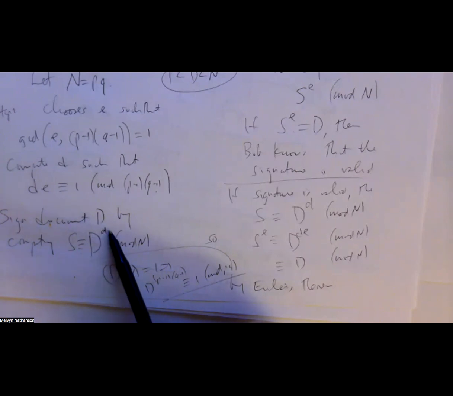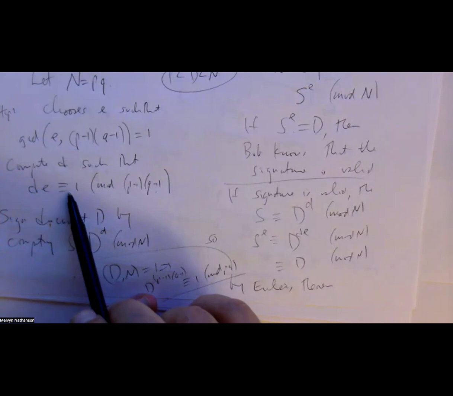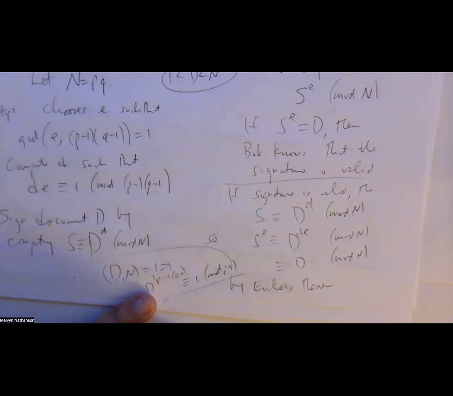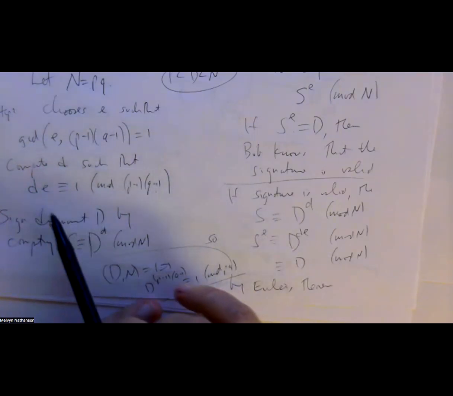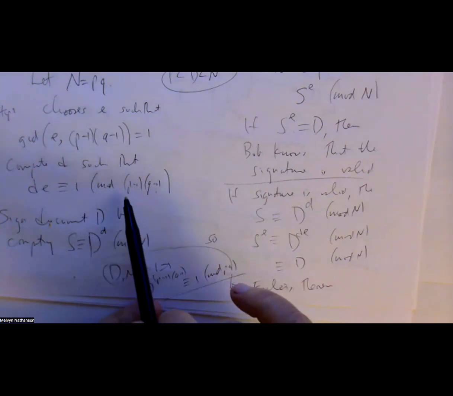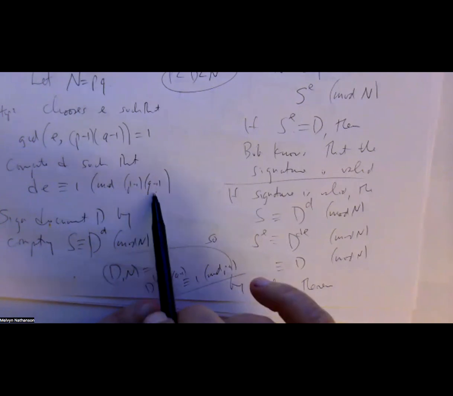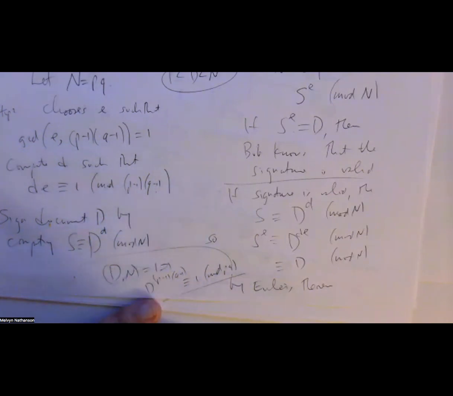It has to satisfy the congruence dE congruent to 1 mod (P minus 1)(Q minus 1). So you know E, you know N. You can get d if you know (P minus 1)(Q minus 1), but you don't know that. You would know this if you could factor N to find P and Q, but factoring is hard. Factoring cannot be done. So you cannot get P and Q. So you cannot get d. So you cannot compute the S for which S to the E is congruent to D.